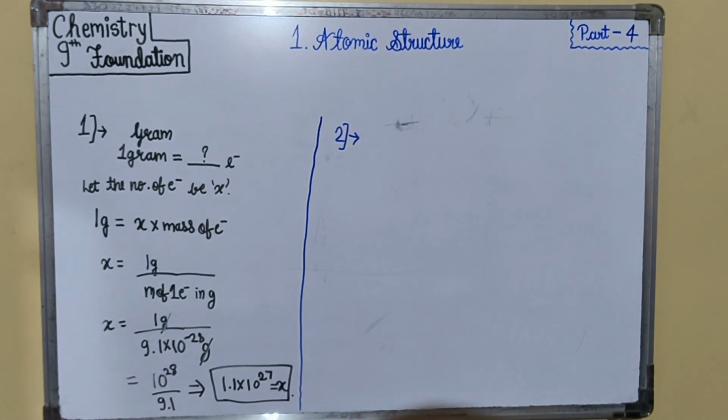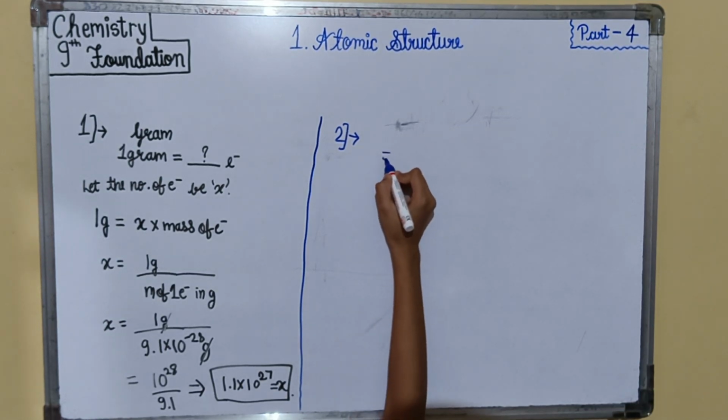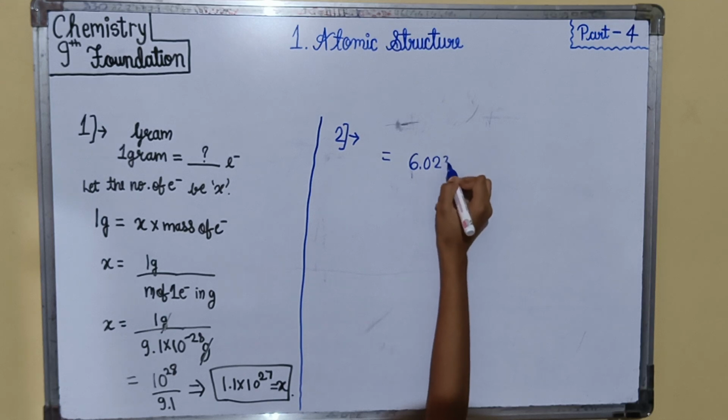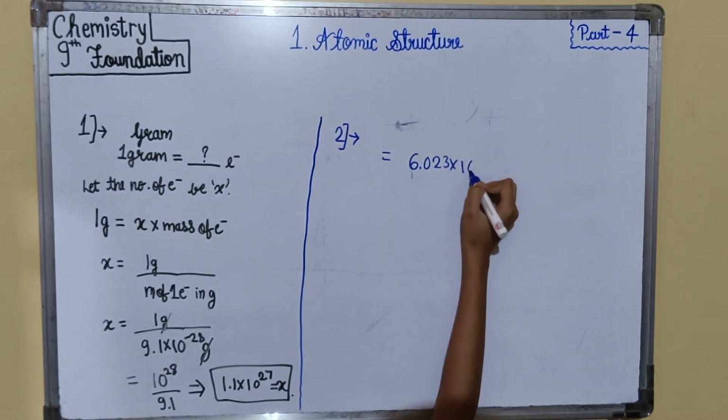Now let's solve the question. Number of electrons is equal to number of atoms present in gram atomic weight of calcium, that is 6.023 into 10 raised to 23.